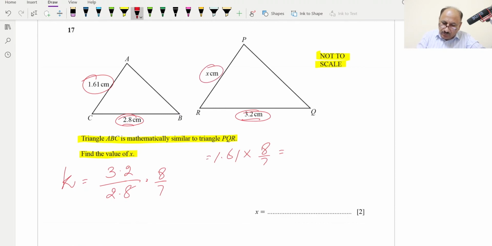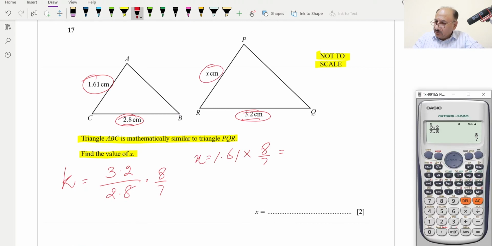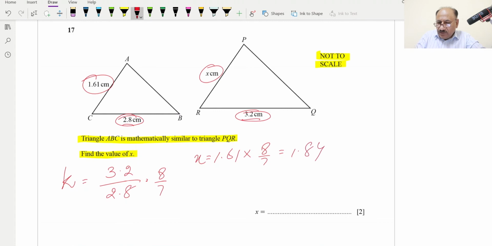So this will be equal to x, and we can write 8/7 multiplied by 1.61, and this will be resulting to 1.84. So 1.84 will be our final answer, which we can write over here.